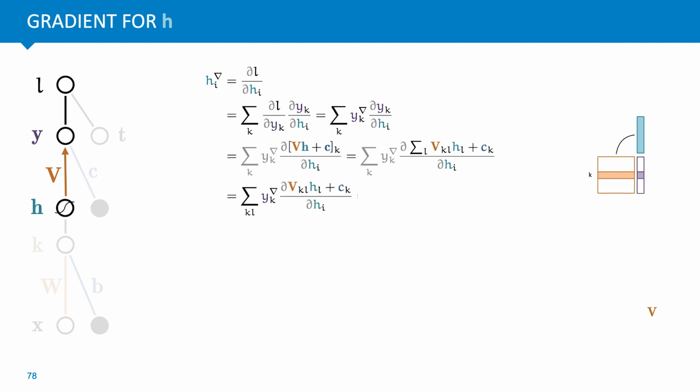We work the sum out of the derivative and combine it with the other sum. But at this point, note that we cannot eliminate all but one of the terms of this sum.